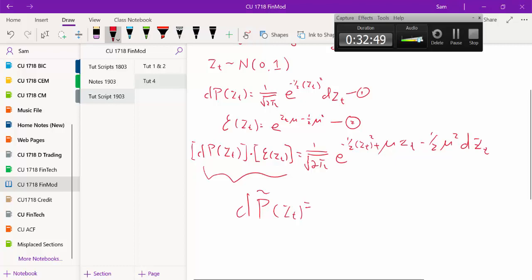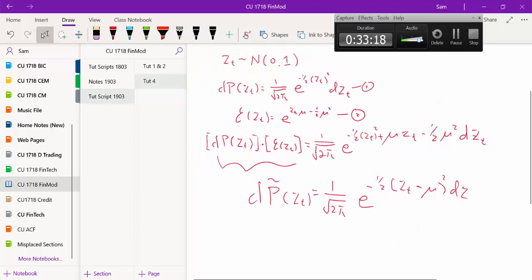And if you group the terms carefully on the right-hand side, you can see that it is actually equal to e to the minus a half (zt minus mu) all squared dz.